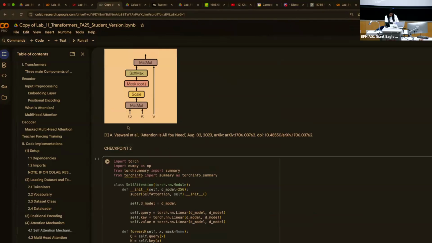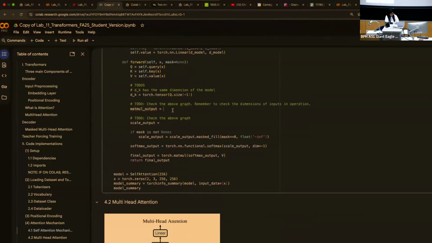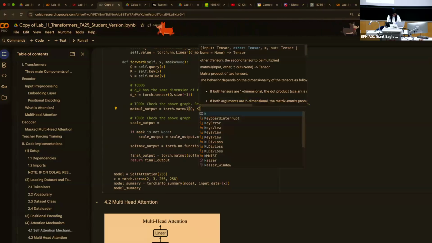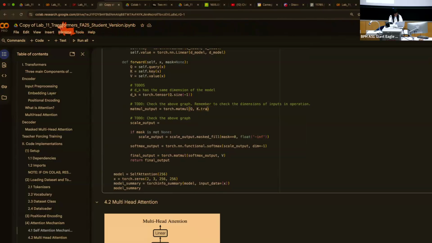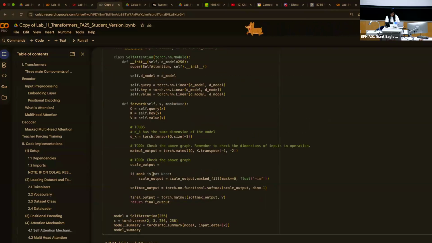It should basically output, store the product between the query and key values. Okay, I hope everyone is following till here.